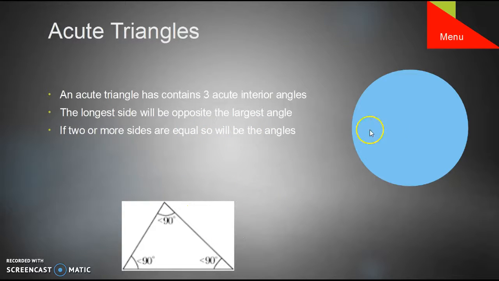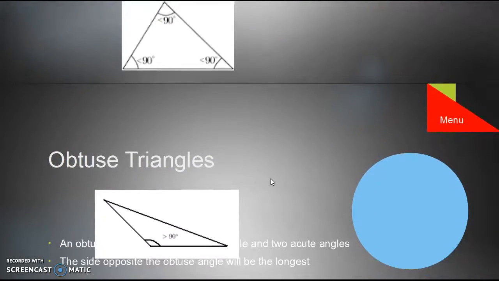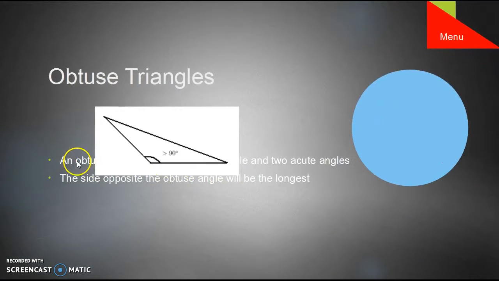So that's what separates a right triangle from the others. Not a right, an acute triangle. My mistake. Then you have obtuse triangles.